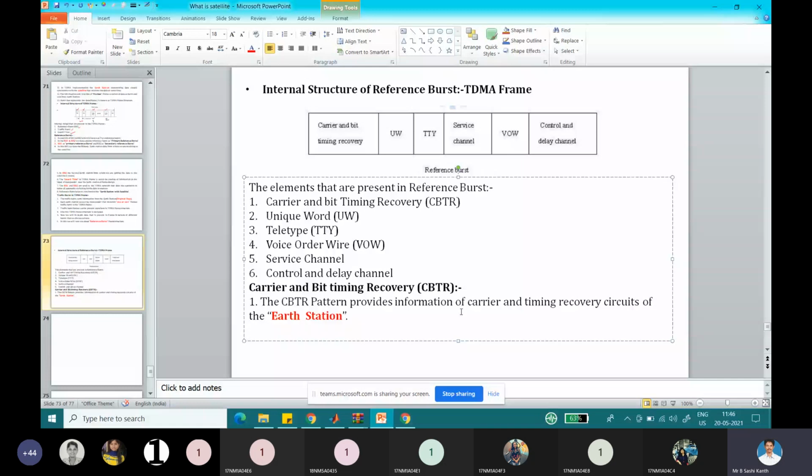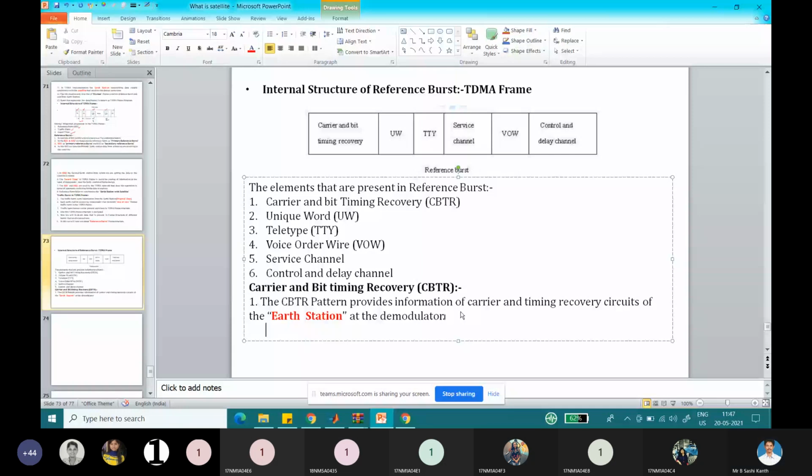At the demodulator. You're getting a point called demodulator now. What does it mean? The CBTR will provide the information of the carrier and timing recovery circuits of the earth station at the demodulator. What it means is, near the earth station you will have a demodulator device. You have studied demodulation in your communications, no? So the same process. The demodulator will be present with a carrier and timing recovery circuit. You will have a carrier. What does the carrier say?